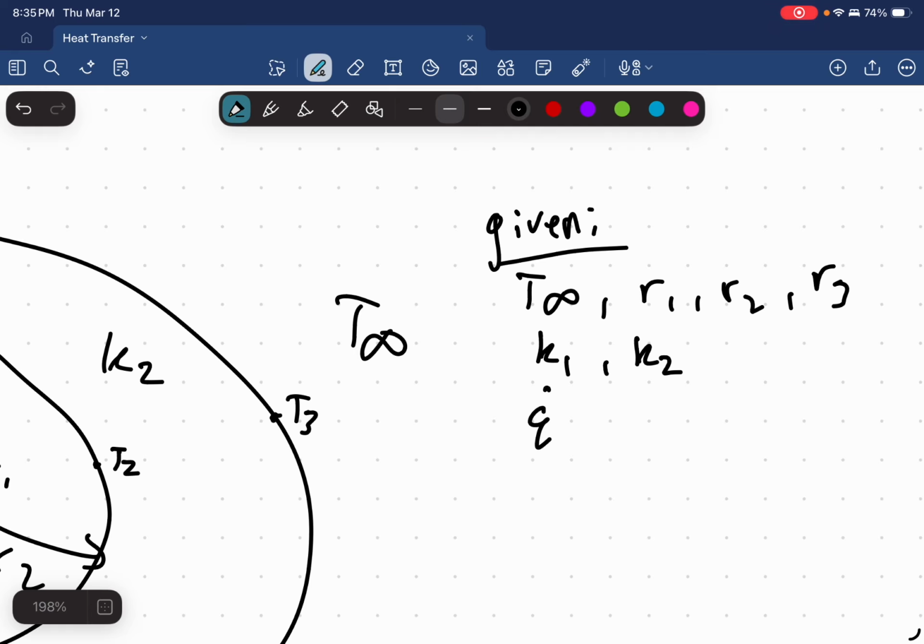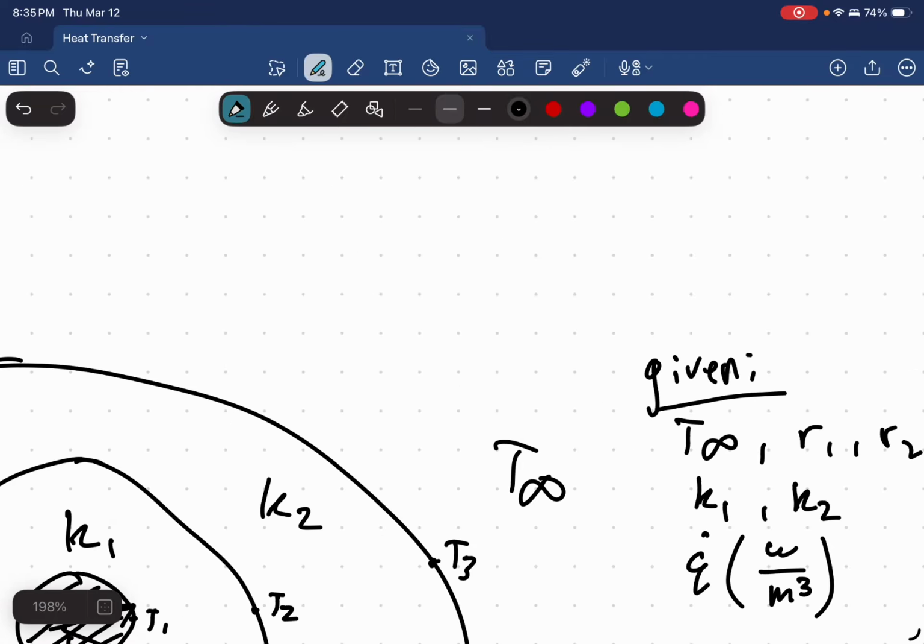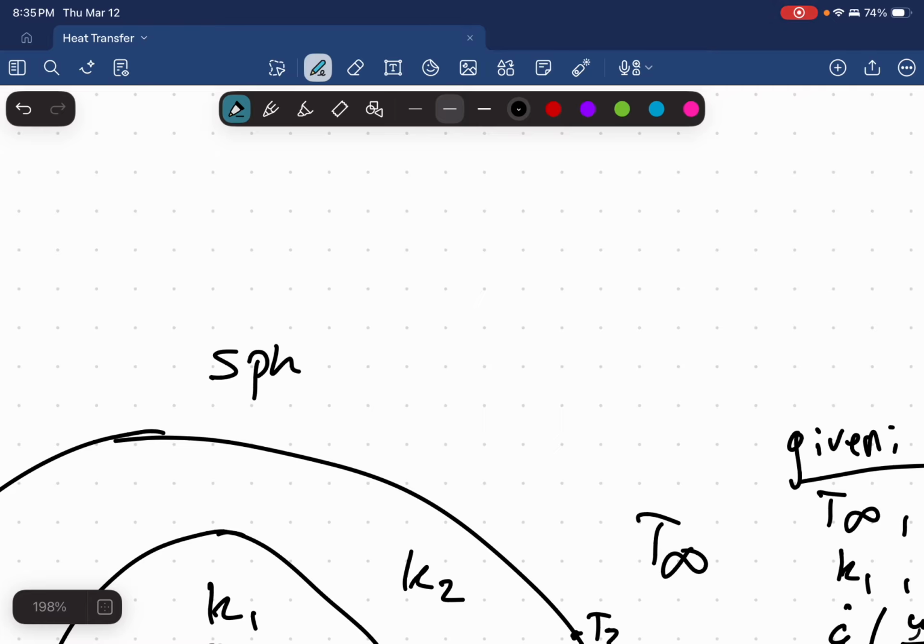And we're also being given Q dot, which is in the units of watt per meter cubed. So again, we're going to have to multiply by volume of a sphere this time. So let me just put that on top. If this is a sphere, volume of a sphere is going to be 4/3 pi r cubed.